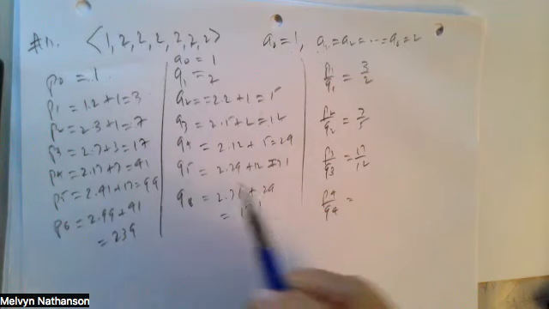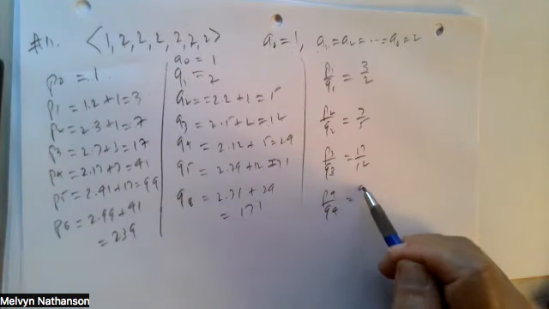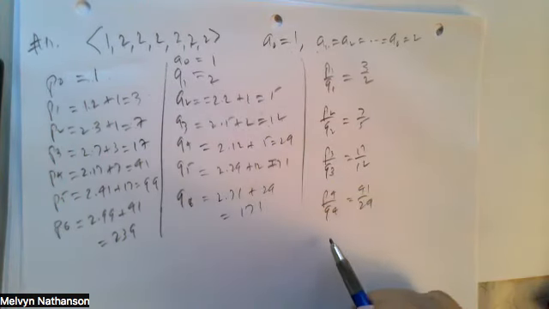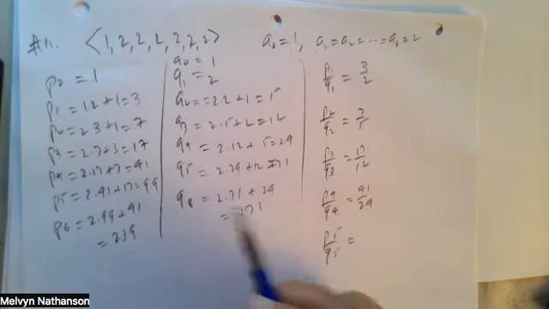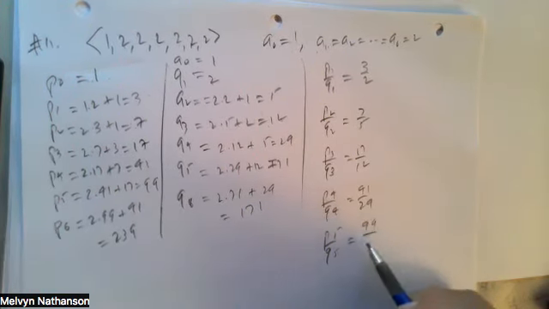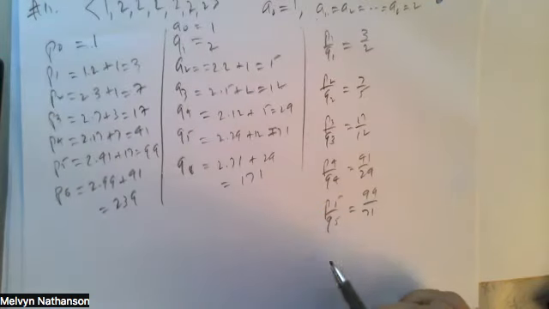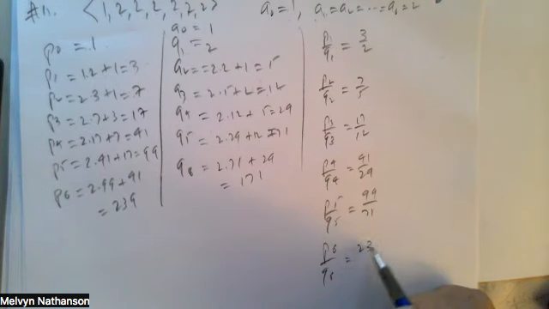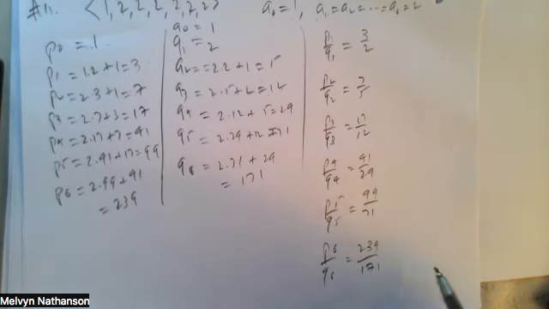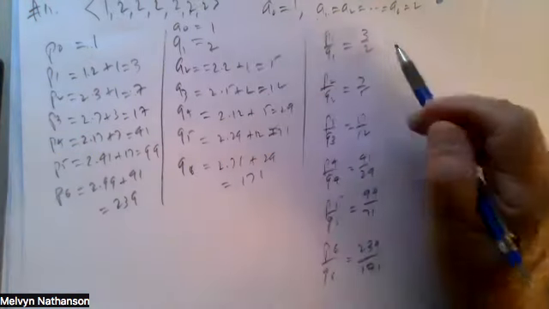P4 over Q4 is 41 over 29. P5 over Q5 is 99 over 71. P6 over Q6 is 239 over 171. Right. Let me write these as decimals.